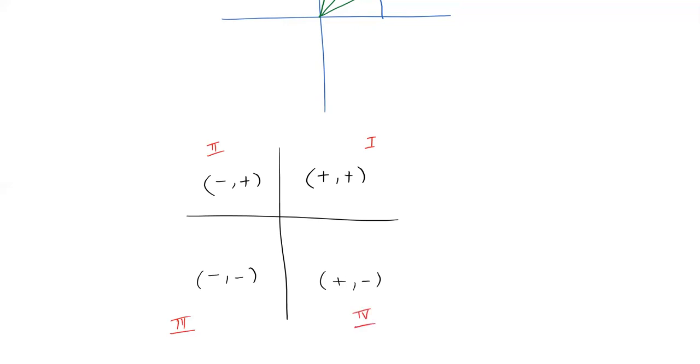In terms of trig functions, we have a quick way to remember this: ASTC. Okay, ASTC, because I'm going in the order of the quadrants: 1, 2, 3, 4. This is the way I would remember it: all silver teacups. At least this is how I remember from school when I studied.